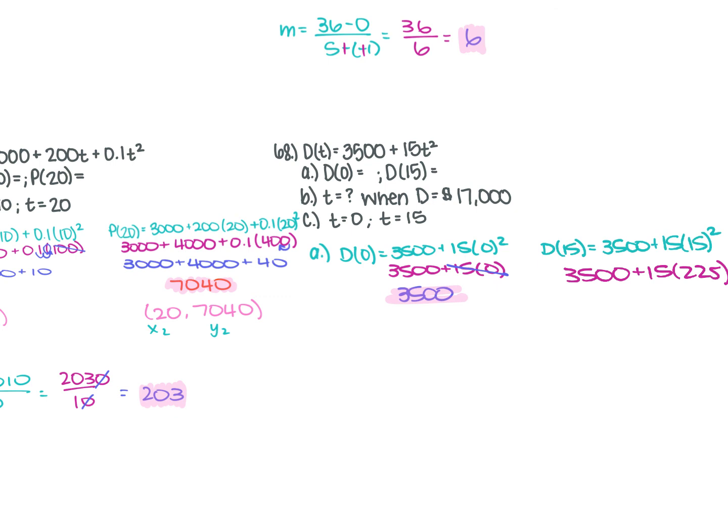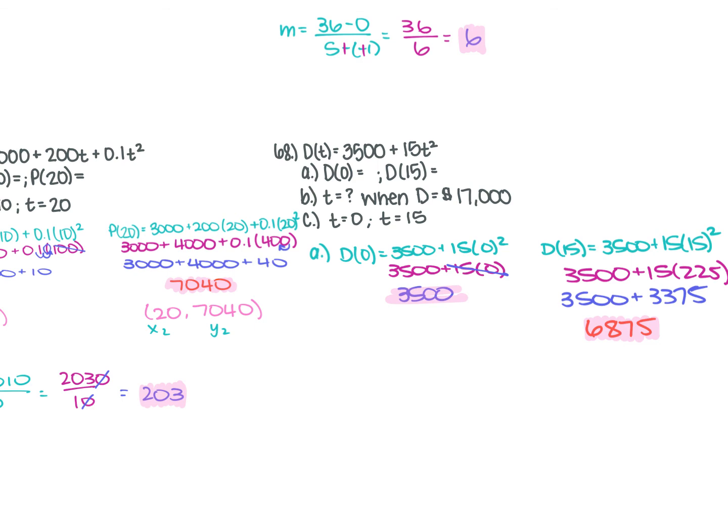Next, you'll do the 225 times 15, which gives us what? 3,375. Okay, so from here, add the two. The 3,500 plus the 3,375 gives us what? 6,875. So your d of 15 is 6,875.